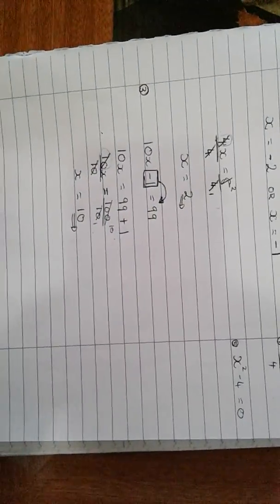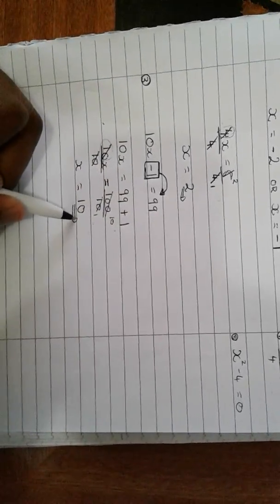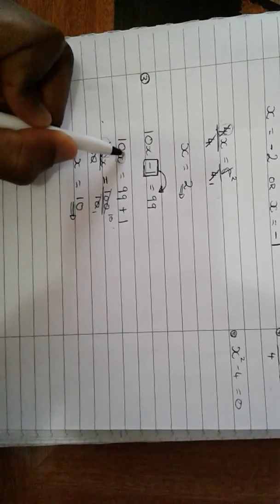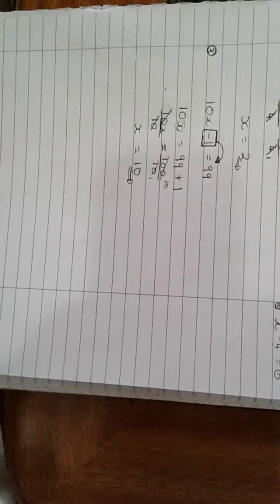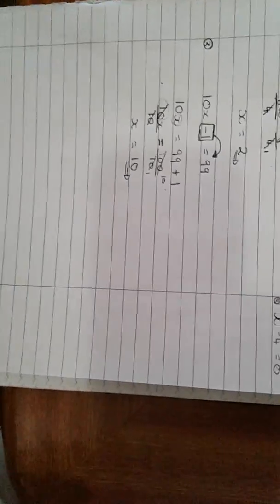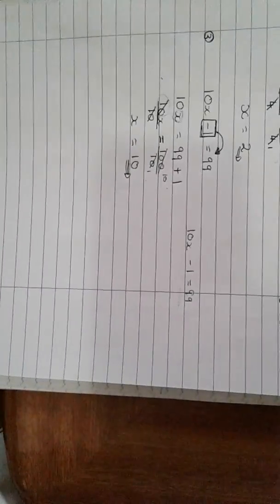Now to check if your answers are correct, you substitute your final answer into this x here, which is pretty much not relevant, but if you want to check, you check if the right hand side is equal to the left hand side. So for example, if you have 10x minus 1 is equal to 99, if this x really is equal to 10, this left hand side should be 99 and the right hand side should also be 99.